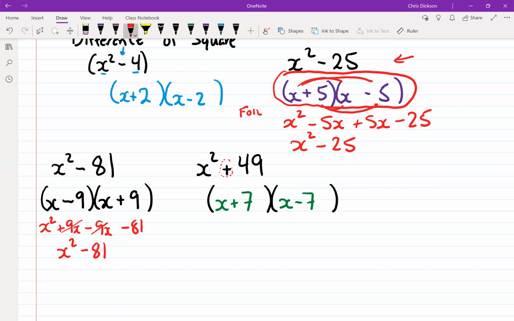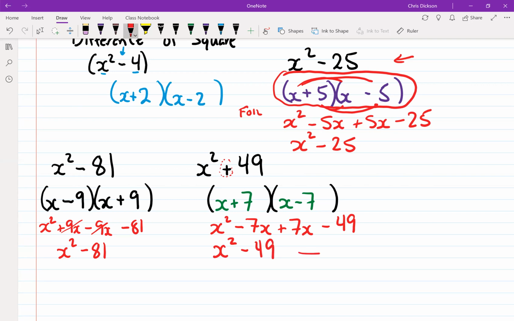If I expand this out, I get x squared, x times negative 7 would be negative 7x and 7x. So it looks like they're going to cancel. And then 7 times negative 7, the negative 49. And so that gives me x squared minus 49.